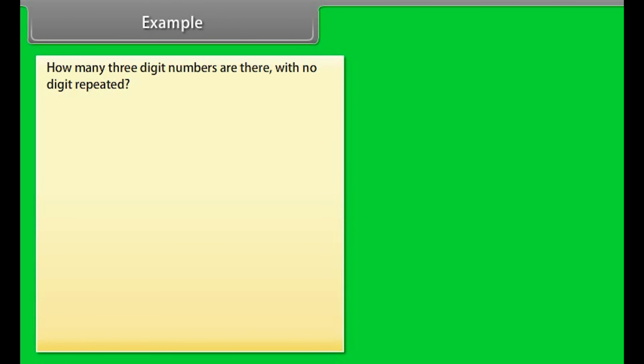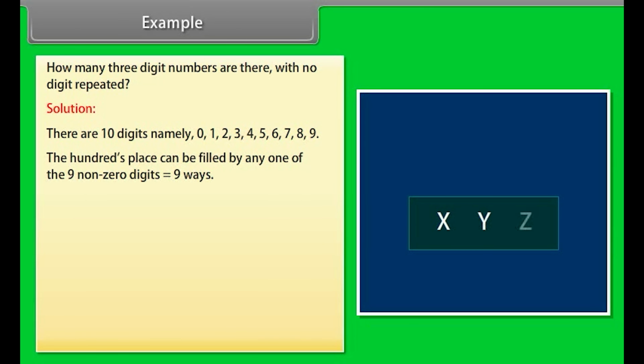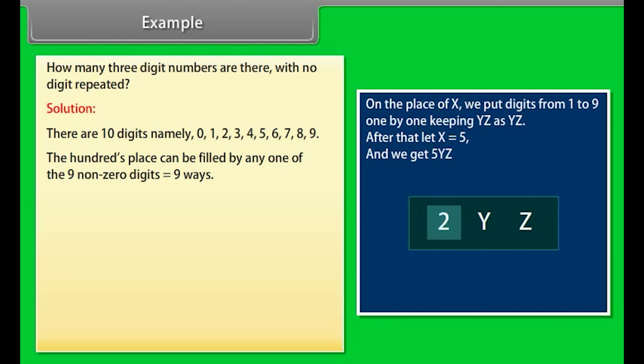Example: how many 3-digit numbers are there with no digit repeated? Solution: there are 10 digits, namely 0, 1, 2, 3, 4, 5, 6, 7, 8, 9. The hundreds place can be filled by any one of the 9 non-zero digits, that is 9 ways.